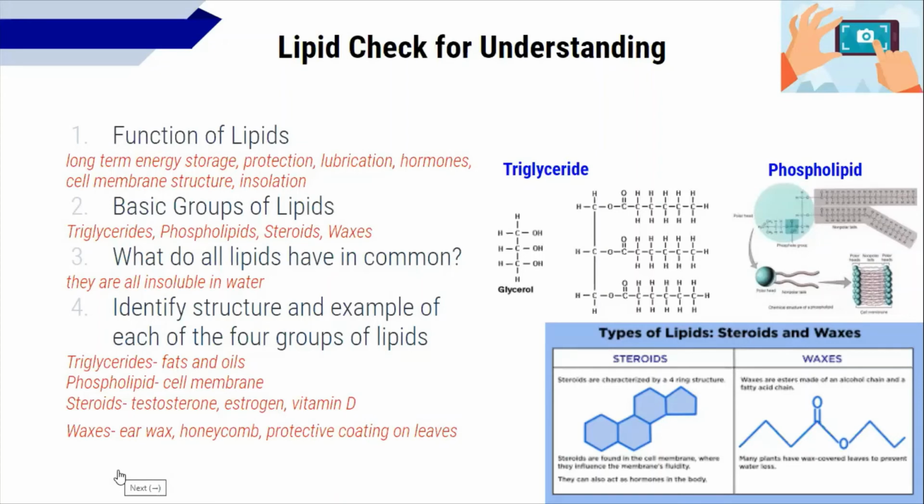Steroid examples are testosterone, estrogen, and vitamin D. And waxes, we know about earwax, honeycombs, and protective coatings on leaves. Please be sure to include your illustrations for the structure of each type of lipid.